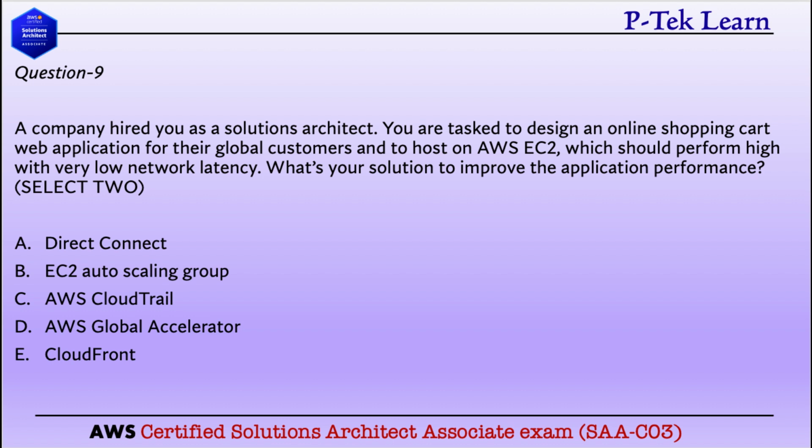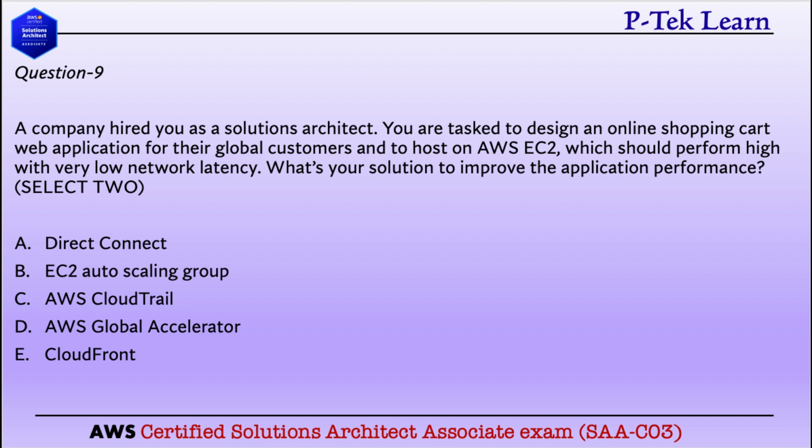Select two options. Option A, Direct Connect, is not the right option here because Direct Connect links an on-premises network to the AWS network. In the question, there are no on-premises services mentioned. Option B, EC2 Auto Scaling group.